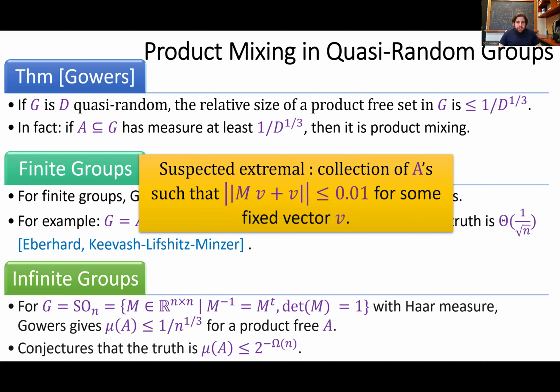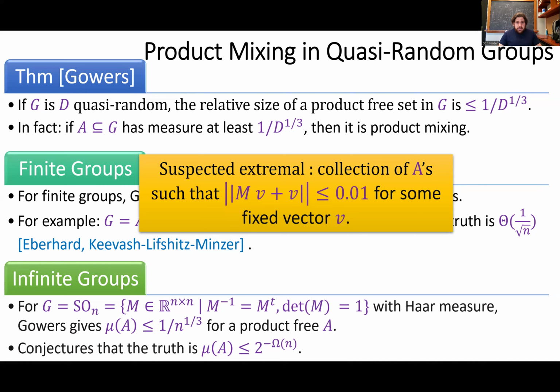The issue is that this set has measure 0. So you say, okay, let's take all of the matrices M that map V to almost negative V. Then you can still show that this is a product free set fairly easily, but now you have some measure, and the measure that you have is actually exponentially small in n.